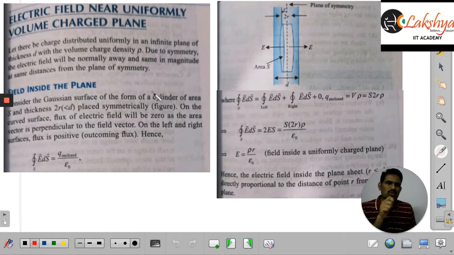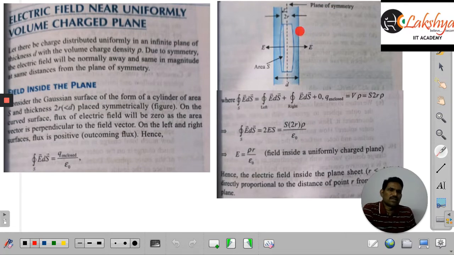Now we are going to calculate the electric field at a point inside the plane, at a distance of r from the symmetrical axis. This dotted line is the symmetrical axis. At a distance of r from the symmetrical axis, we take this Gaussian surface of length 2r.